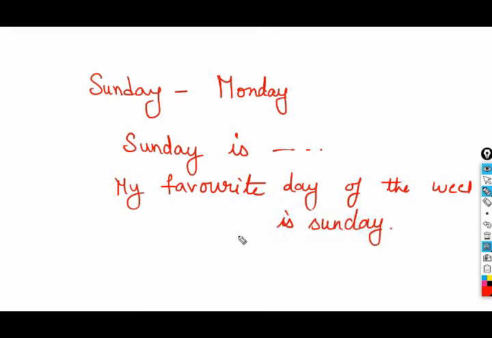This is how they write. So when they write Sunday at the end or somewhere in the middle of the sentence, they write it in small letters, and this is incorrect. As I have mentioned, proper noun, no matter where it is written, in the starting of the sentence, middle of the sentence or end of the sentence, whenever you write a proper noun, it should always start with a capital letter.